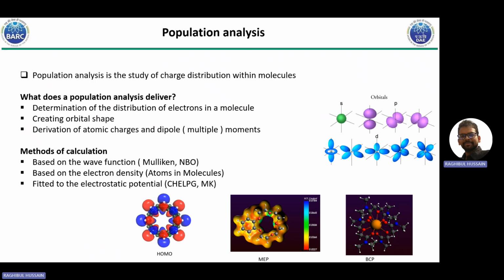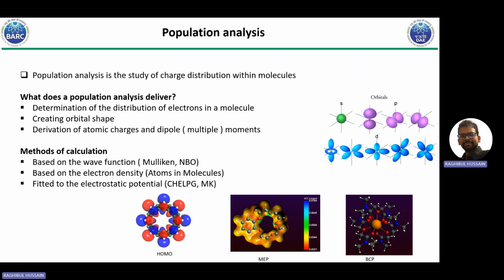When it forms a molecule, it does not behave like that. So how is the charge actually distributed in a molecule, and how do we calculate the bonds, double bond, triple bond, pi bond, lone pair? For that, the concept of population analysis comes.